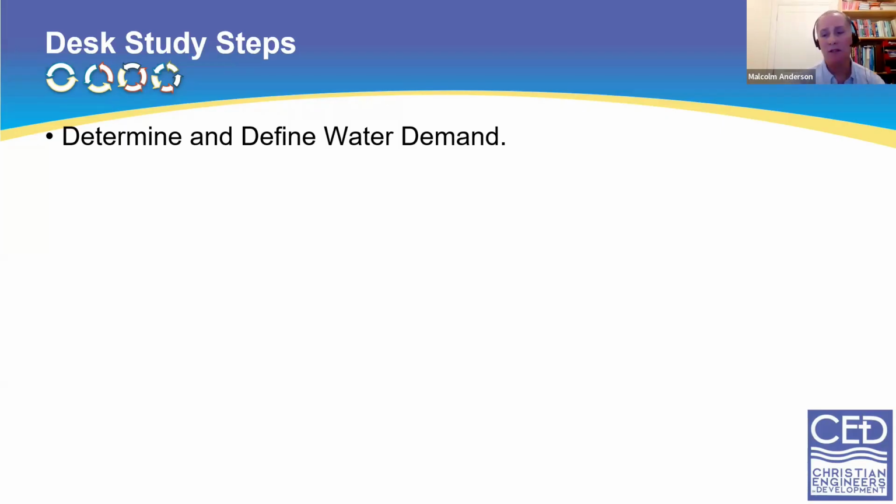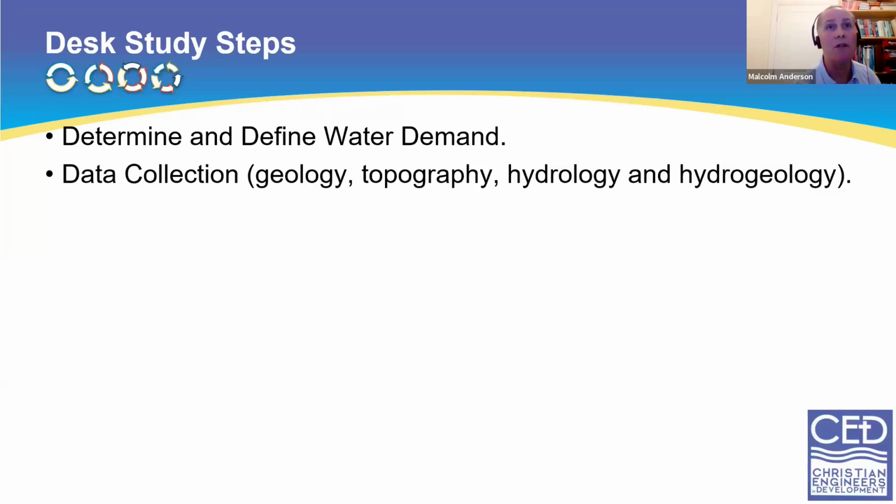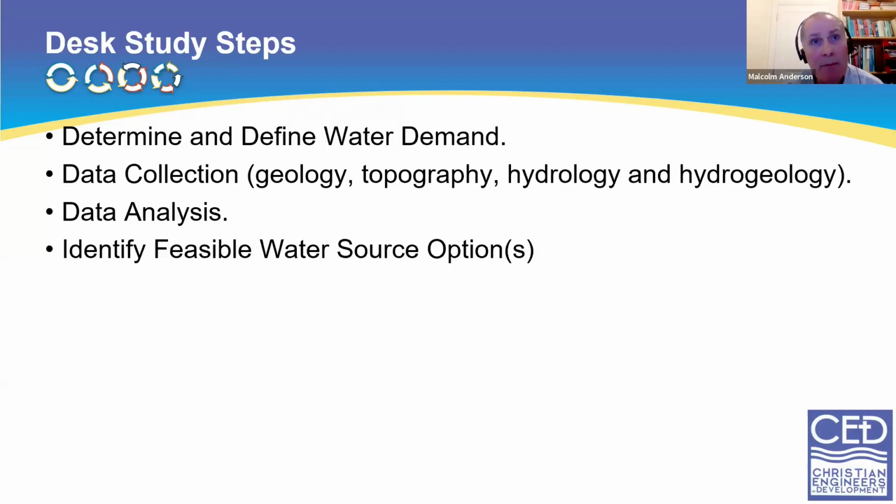So the desk study steps. Obviously the first step is to determine the water demand from the solution you want. Data collection, as in all projects at desk study stage, and we're looking specifically for geology, topography maps, anything on hydrology and hydrogeology. Data analysis, as always. Identify feasible water source options.